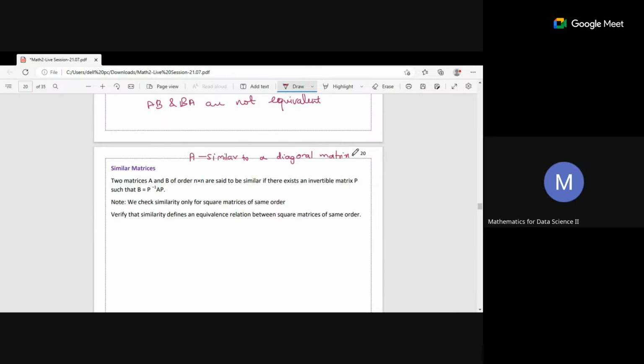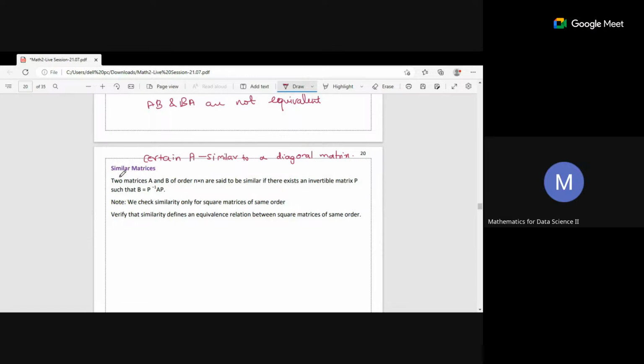So if you are able to look at a huge system as a very simple diagonal matrix, then how easy it is to understand the concepts there. Certain matrices A, since they are similar to diagonal matrices, that concept is called diagonalization. That is very helpful in dealing with certain types of data given to you. So that is where this application comes.